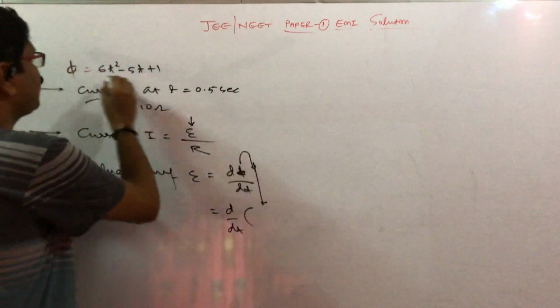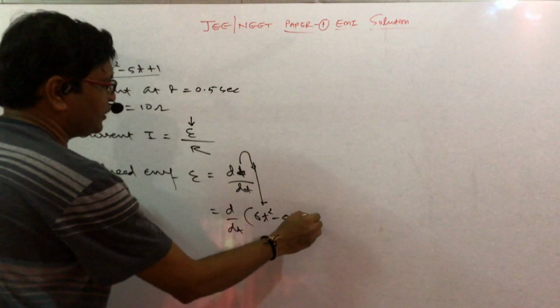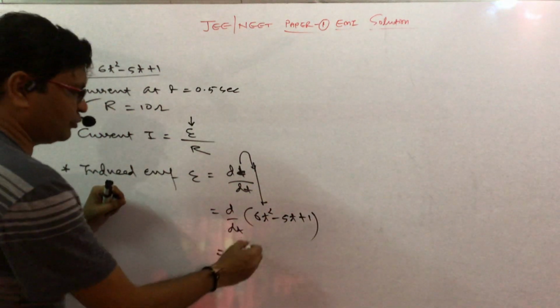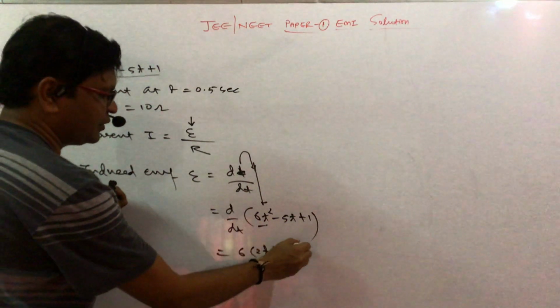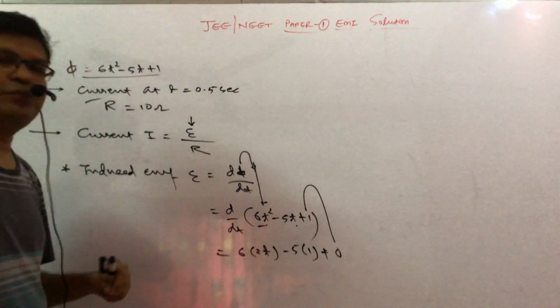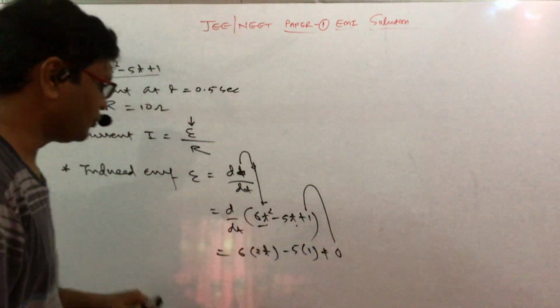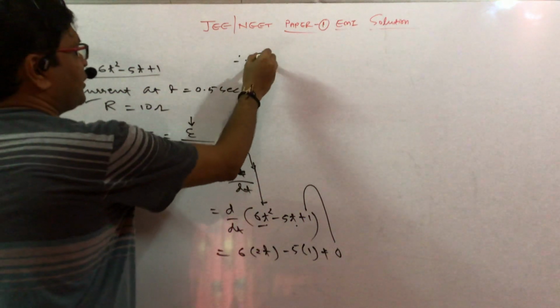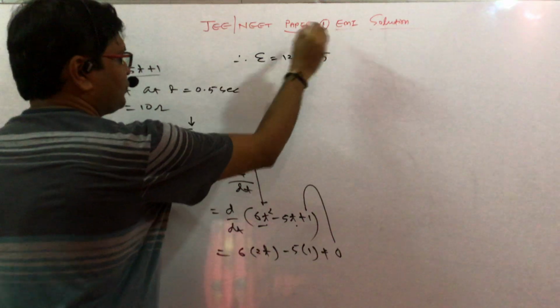It is already given 6t square minus 5t plus 1. Okay, so if you take differentiation, then 6t square differentiation 12t, 5t differentiation 5. What is the differentiation of this 1? Obviously constant. So for constant term differentiation 0. So induced EMF epsilon is equal to 12t minus 5.